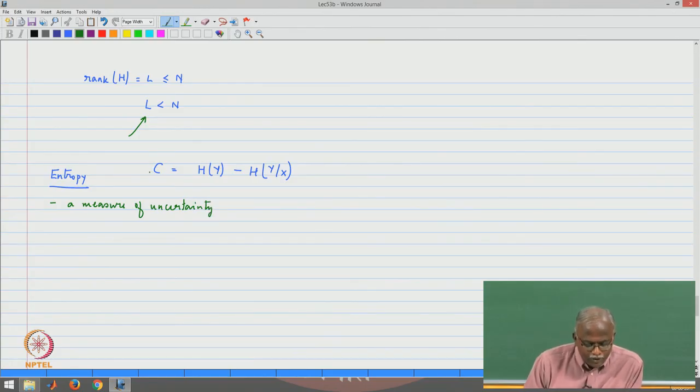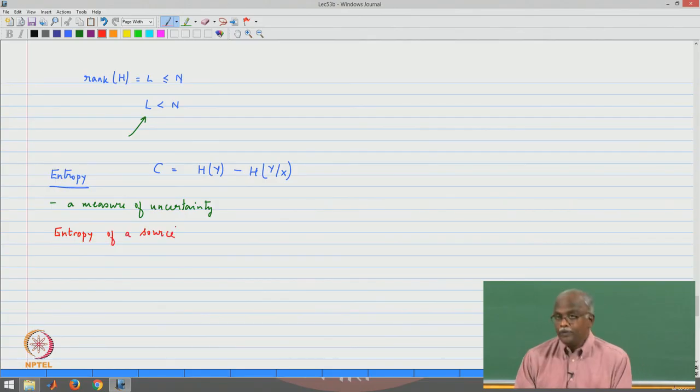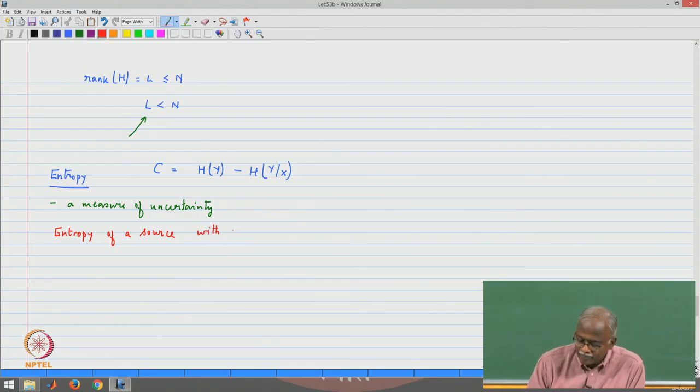If you were to think of the entropy of a source, a source which produces symbols from a finite alphabet, this I am sure you would have studied in information theory.